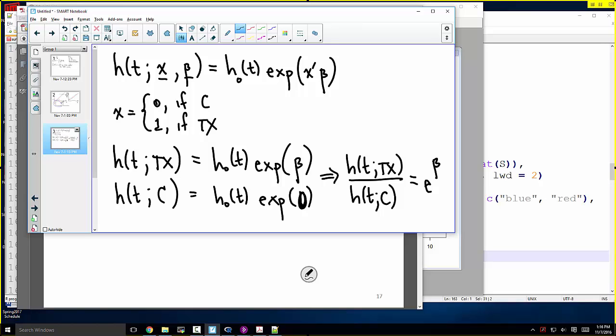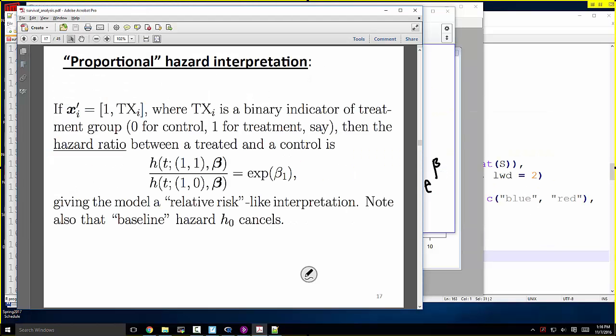I have twice the amount of the risk that you do in some sense. So, with a Cox proportional hazards model, we are going to interpret the coefficients like hazard ratios. Specifically, e to a coefficient is a hazard ratio, which means that a coefficient is a log hazard ratio.